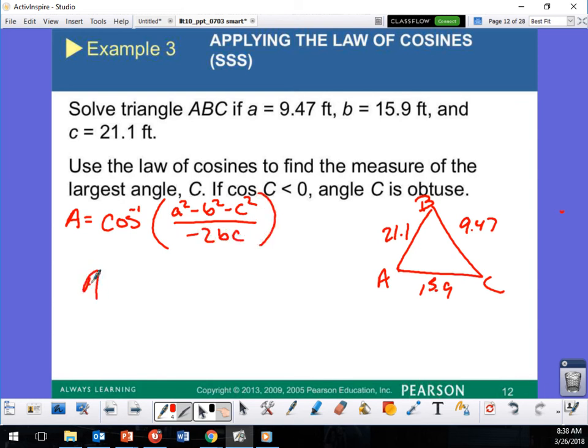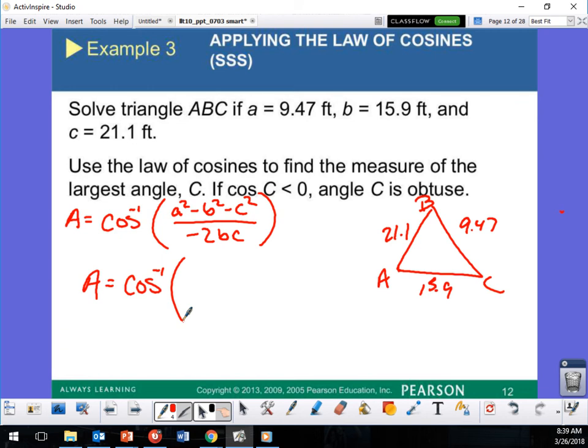On either formula, whether you're solving for A, B, or C, the top part follows the pattern. Because it's A, this is the pattern for A. If it was B, the pattern would be B squared minus A squared minus C squared. And if it was C, it would be C squared minus A squared minus B squared. It's just a pattern, so we're just plugging stuff in. Once you have the right formula written down, then you're good.